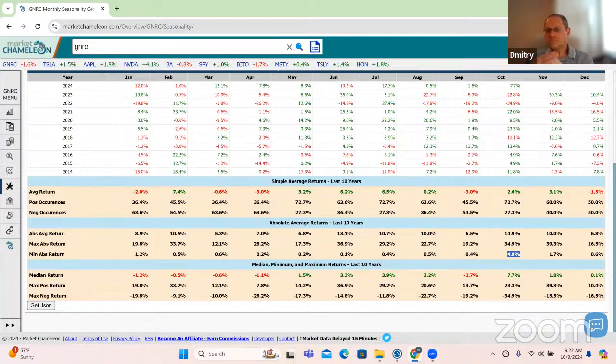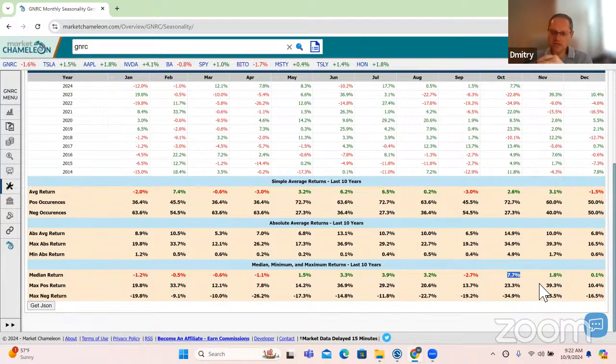The median return, where half the observations were above this return and half of them were below, was 7.7%. So the median return does stick out a little bit here, that it is on the high end of the range too.